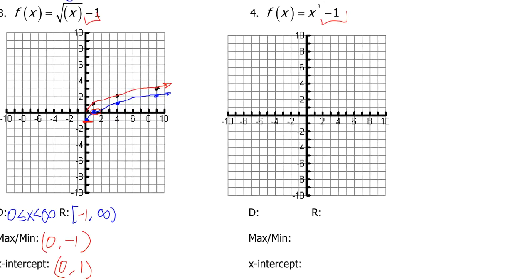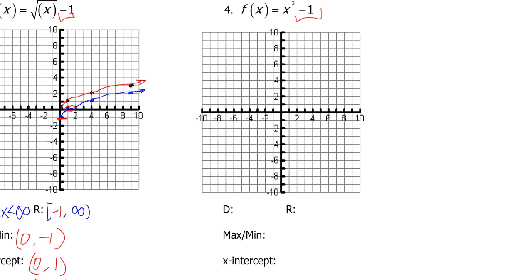Okay, we need to do x cubed - 1. So we're going to start off by graphing the original function. And it goes like that. Right there, and right there. So it goes down, and then this one's going to come up, pass through the origin, and kind of curve back up towards the top. There we go. So it kind of goes like that.